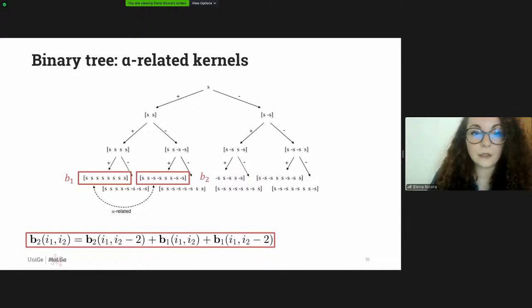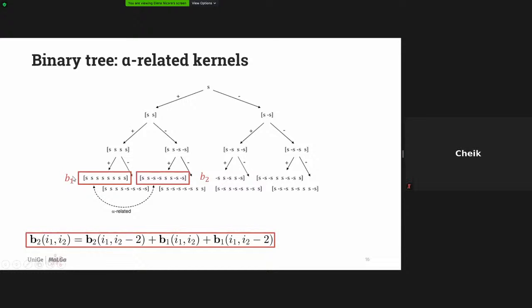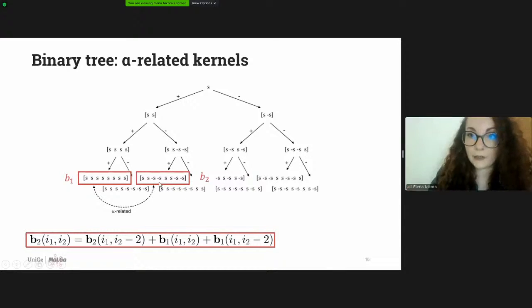So in this case, the alpha indices of these two kernels differ only for one element. So B1 and B2 are alpha related, meaning that if we have the convolution of an image with B1, the result of the convolution with B2 can be obtained using only 2 operations per pixel, like here.